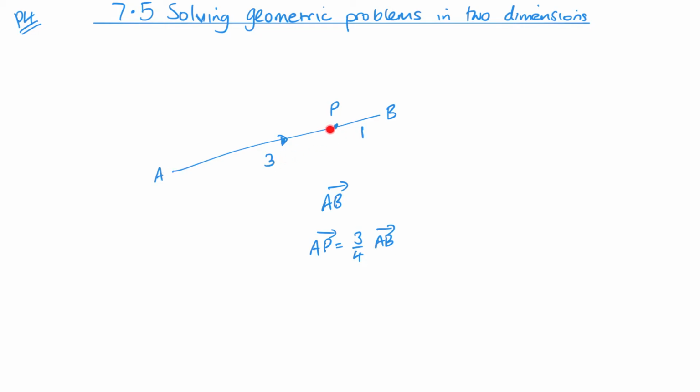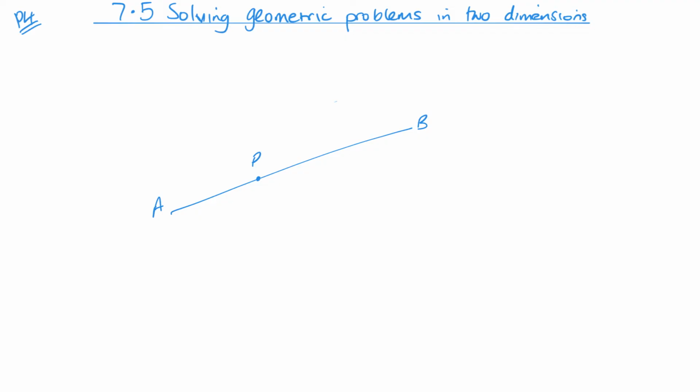So 3/4 is AP and PB would be 1/4 of AB, going in that same direction.